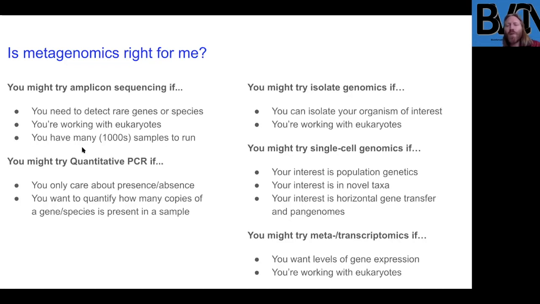There's been a lot of progress in the world of single cell genomics recently by cell sorting and sequencing of whole genome amplification cells. So if your interest is in population genetics or novel taxa or horizontal gene transfer in pangenomes, then single cell genomics might be a better way to go than metagenomics.